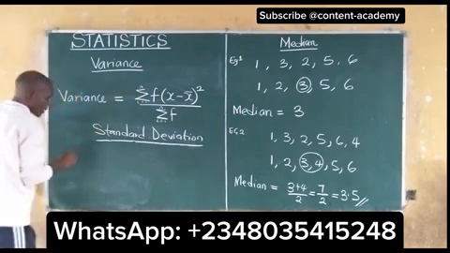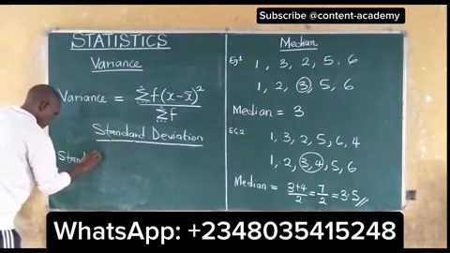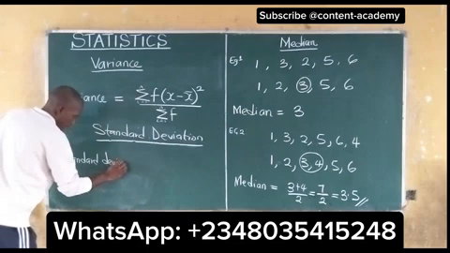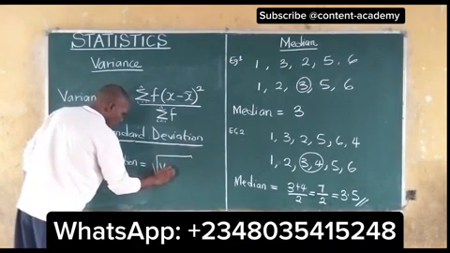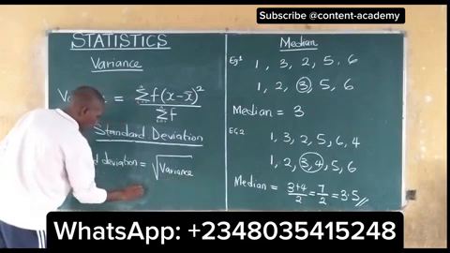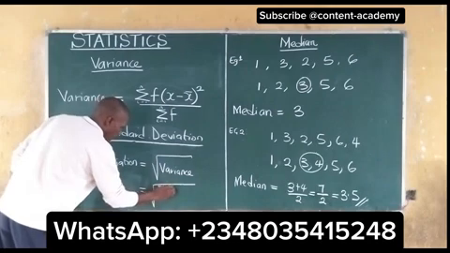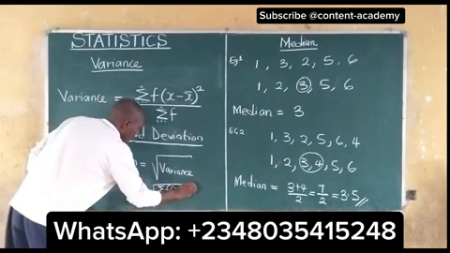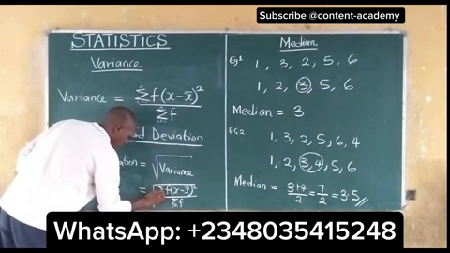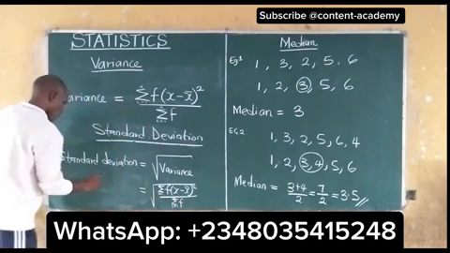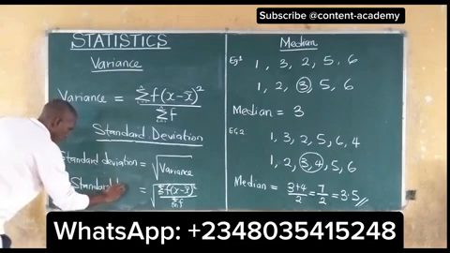That means the standard deviation is equal to the square root of the variance, which can be written as the square root of the summation of f of x minus x bar raised to the power of 2 over the summation of f, as i running from 1 to n. So this becomes our standard deviation.